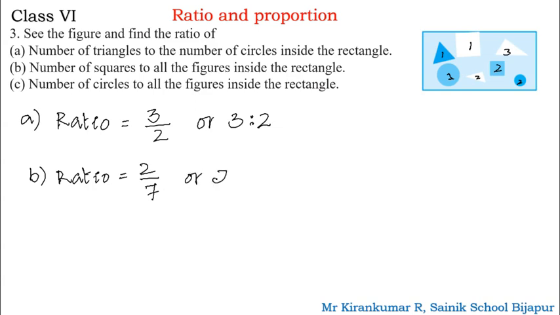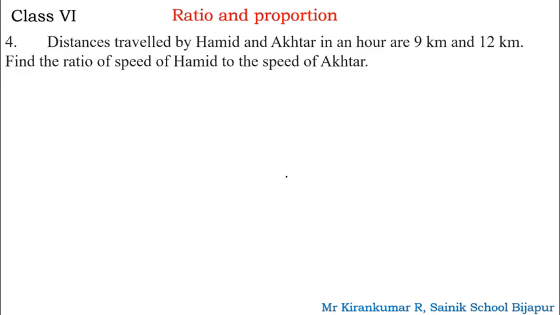So the ratio is 2:7. For the third, it's the ratio of the number of circles, which are 2, to the total number of figures, which is 7. So 2:7. This is how we can find the ratios.